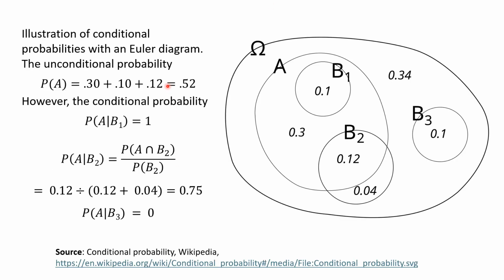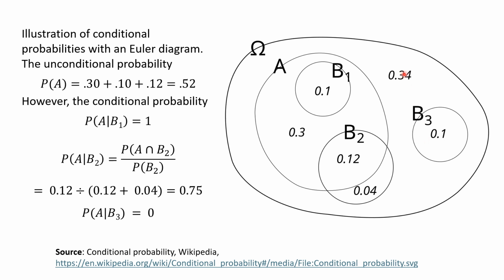I have another example here using something called an Euler diagram, which is sort of a Venn diagram for probabilities. So we have this omega, that's sort of our whole probability space, all the different things that could happen in the field of interest that we're looking at. And then we have these different events, A, B1, B2, B3, and inside the circles are the probabilities that these events are happening.